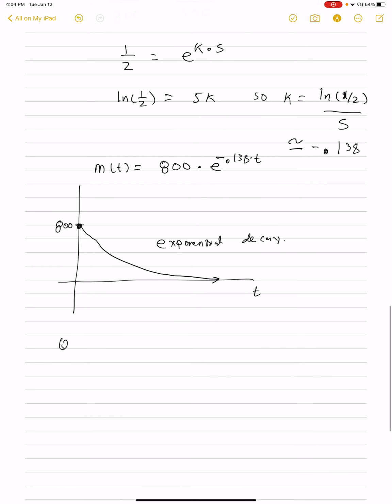Now, here's another question. How long until there's only 1 milligram remaining? Well, this is just algebra.